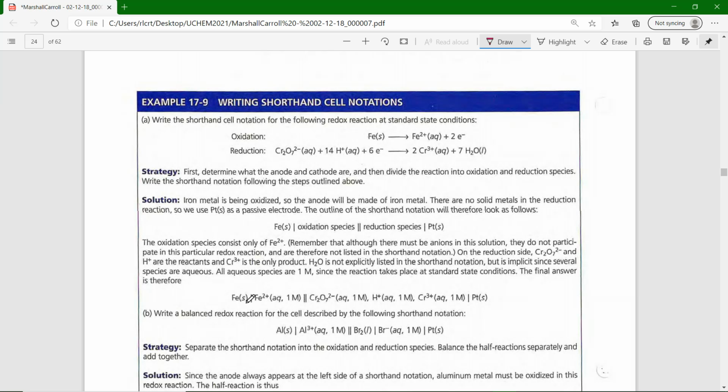We don't need platinum. Iron 2+ is swimming around in the solution. And that's it for oxidation. Reduction, we got the dichromate anion, H+, and Cr3+. So those are all aqueous, but you have to hook up your alligator clip to something. So we're going to put solid platinum as my passive electrode in the cathode compartment.